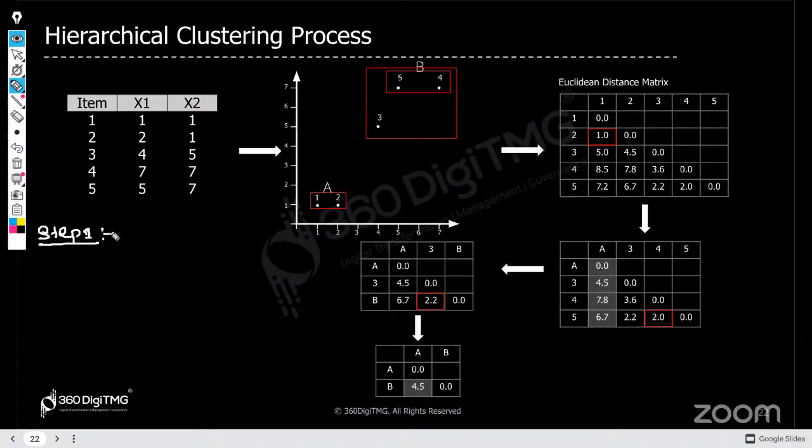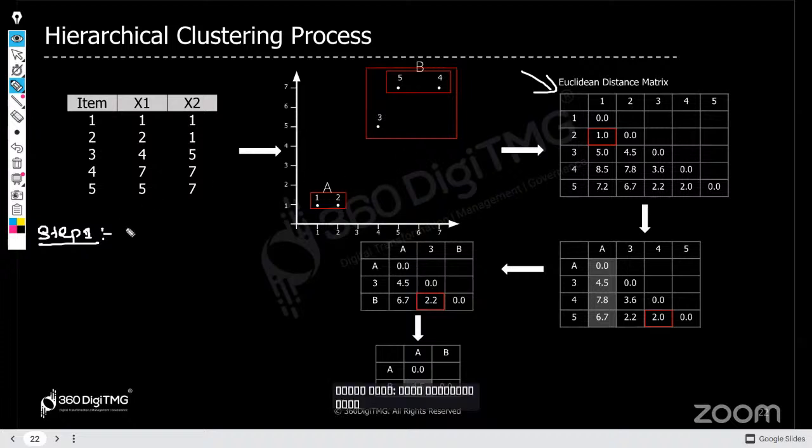In this step, we will consider each and every data point as a single cluster. In step 1, we have not clustered down any data point. Here, if you see in this matrix, we have not clustered down.